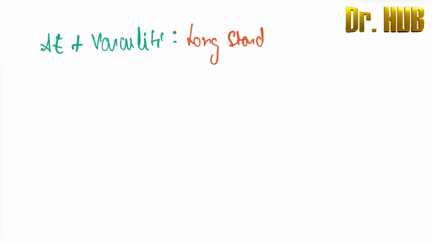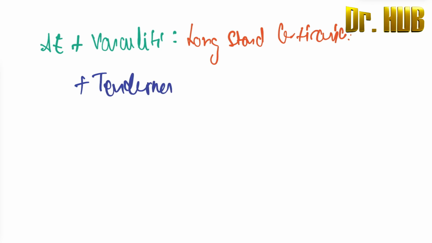Next we look at AE with vasculitis. Here, along with the vasculitis, there is long-standing urticaria and there is tenderness.